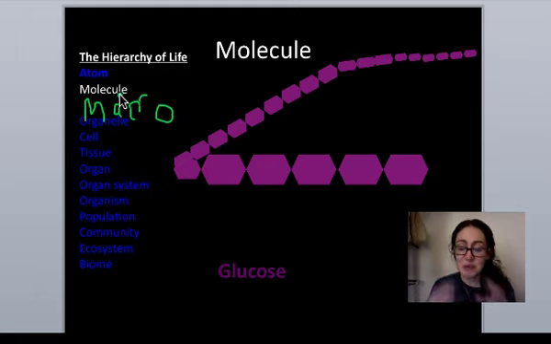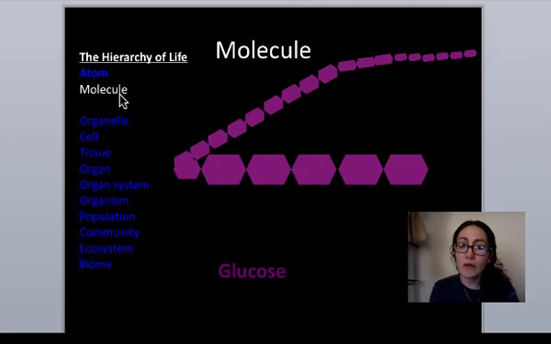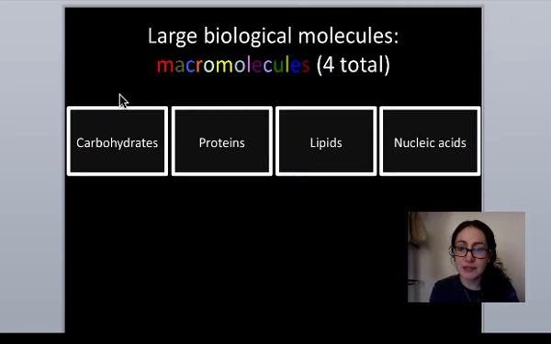We're not just talking about one individual glucose subunit, we're talking about many of them together, and this can be an extremely large molecule. There are many types of biological molecules, but they can all fit into 4 basic categories: a carbohydrate, a protein, a lipid, and a nucleic acid. So these are polymers.